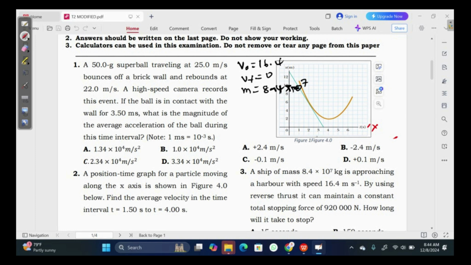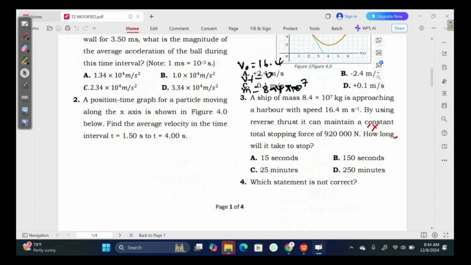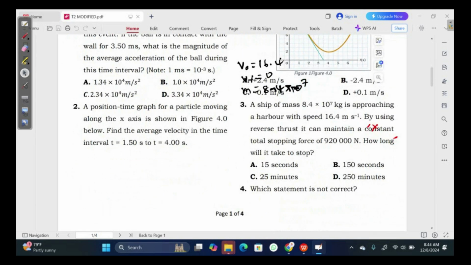Among the formulas we know, which formula doesn't require us to use distance? It's the first one. So now I can write this down here: V final equals V initial plus AT.